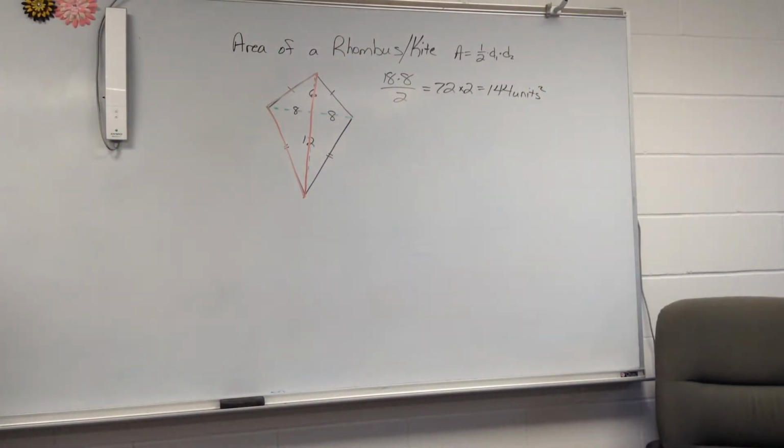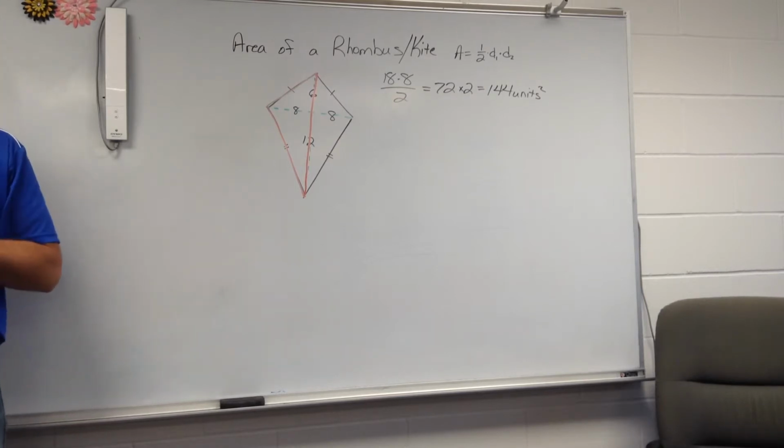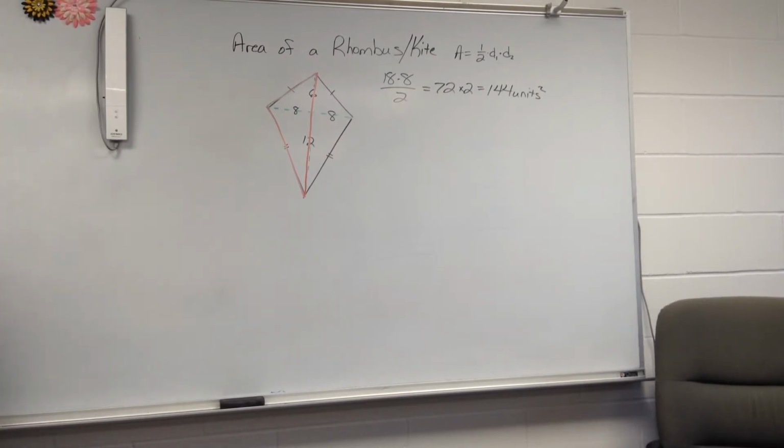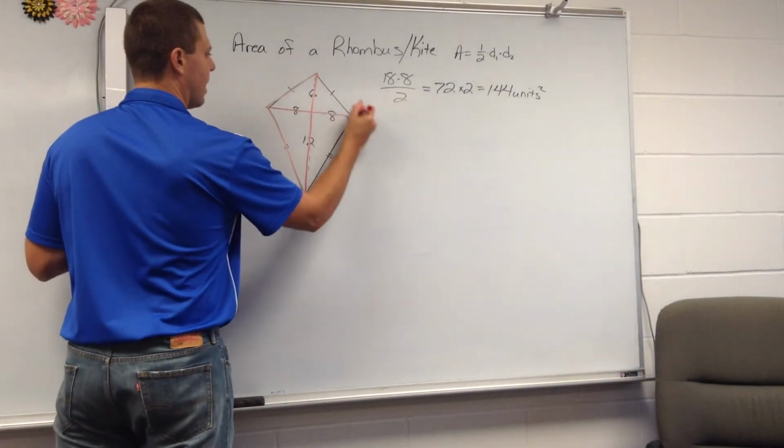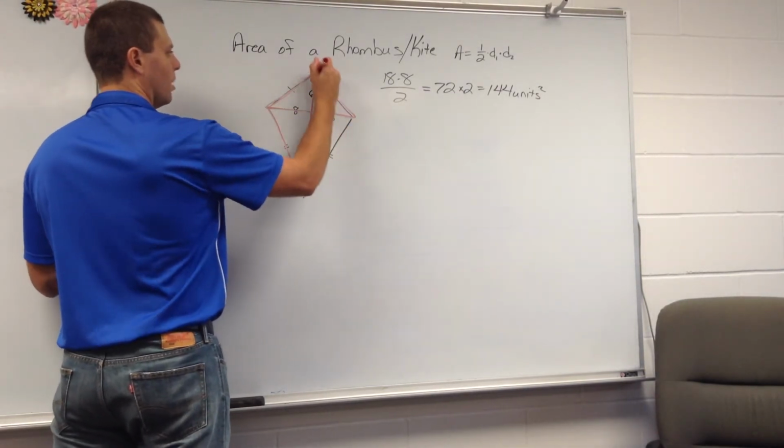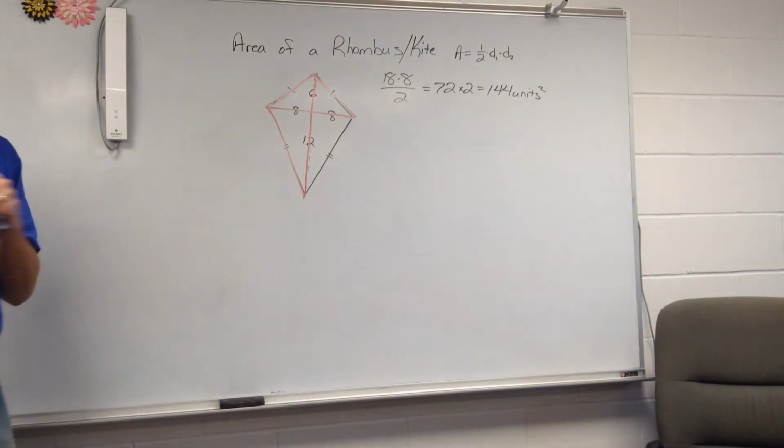Okay. That's if I were breaking it down into triangles and then doubling it or figuring out how many triangles there are. You got to be a little careful on a kite. You got to know which triangle to double. What if somebody decided to find the area of this top part and then double it? Would that work? No, why not? Triangles aren't the same.